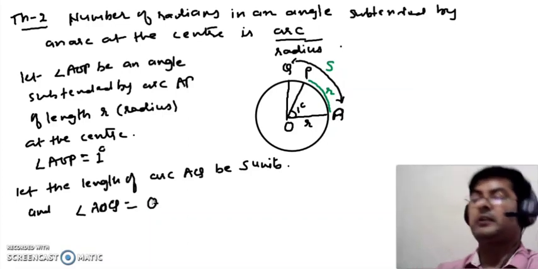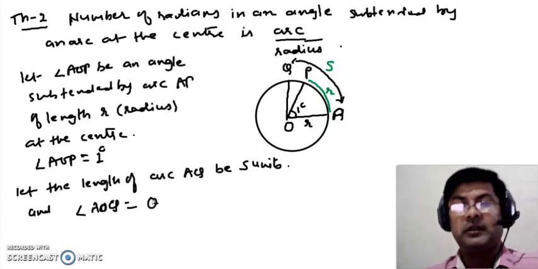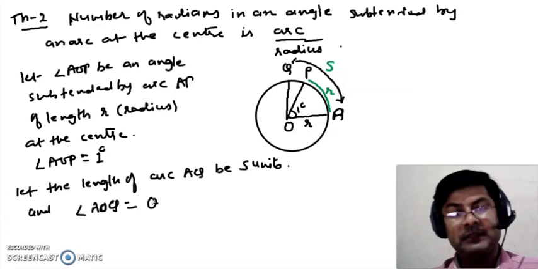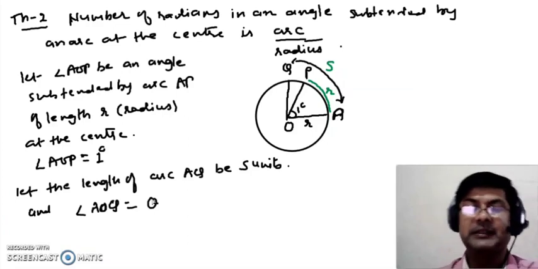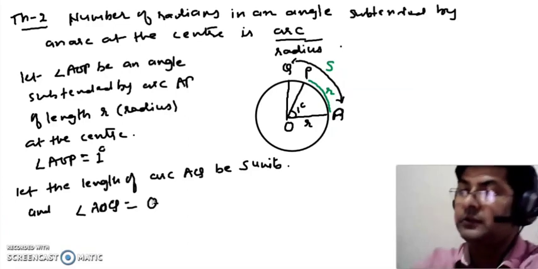Clear? Now we will use the result that the angles subtended at the center are proportional to the arcs subtending them. Let us write down on the next page.